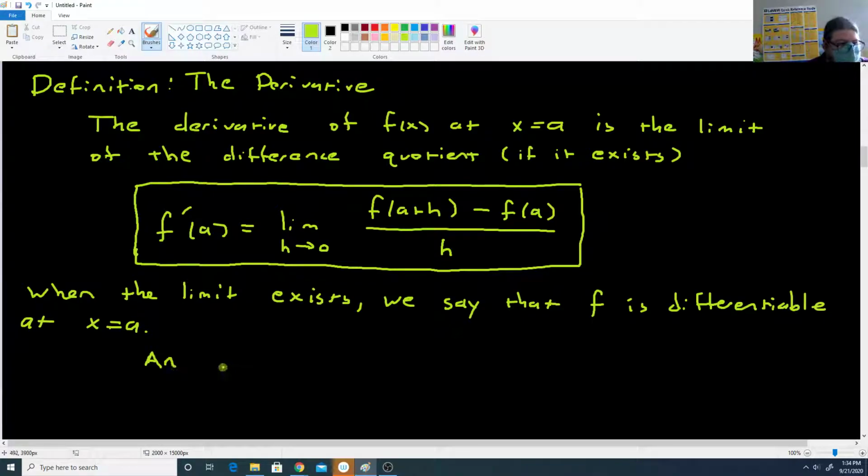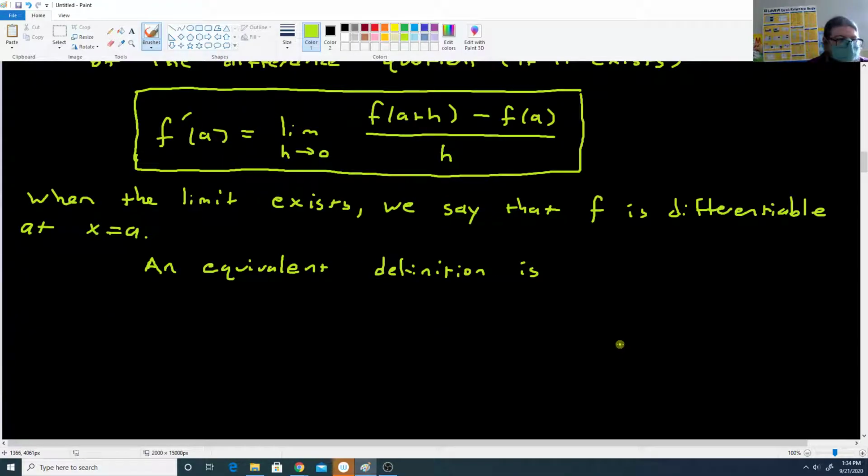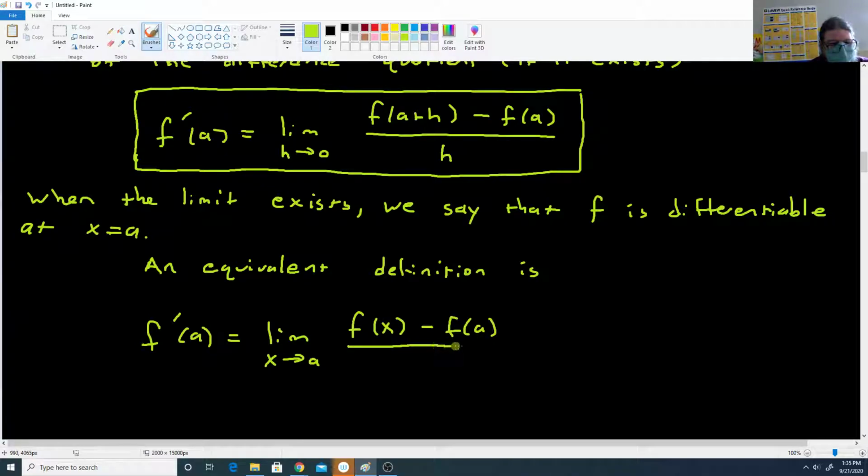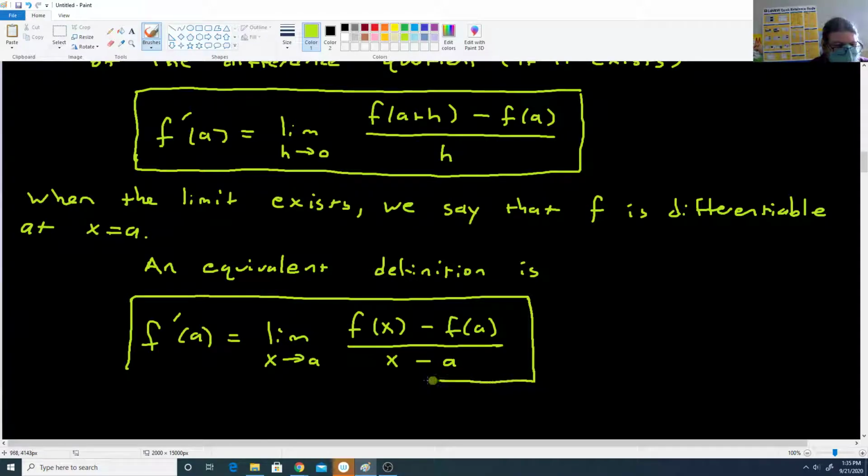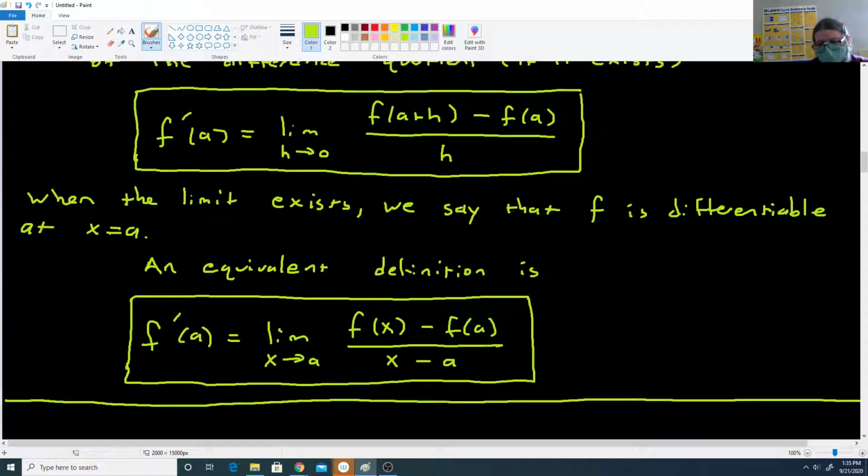So an equivalent definition is, we can say f prime of a equals the limit as x approaches a of f of x minus f of a, all that over x minus a. Okay, so those are our two definitions of the derivative.